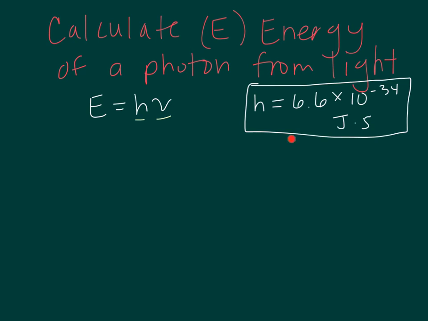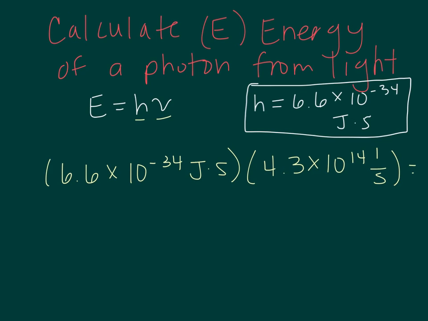We might have seen a slightly longer version of Planck's constant on our worksheets or in our textbook, but since your lab says to use 6.6 times 10 to the negative 34th, that's what we're going to do. As a reminder, Planck's constant has units of joules times seconds.